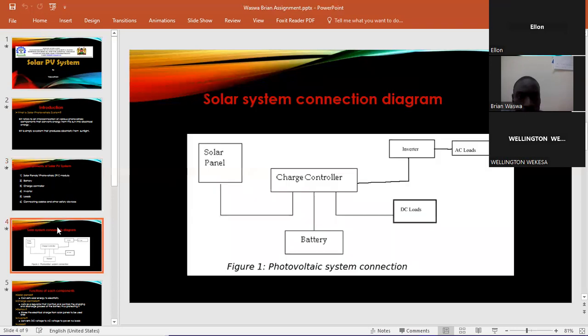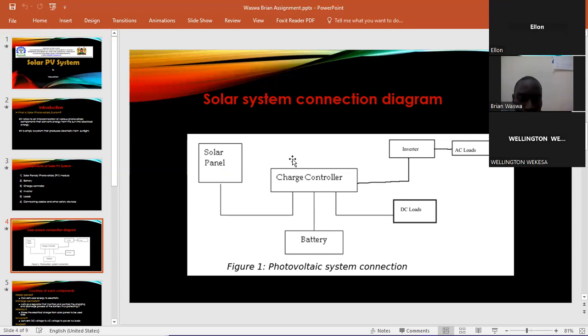In our next section, we look at how a solar PV system is connected. So, the solar system connection diagram. Here we have a block diagram of a solar system.